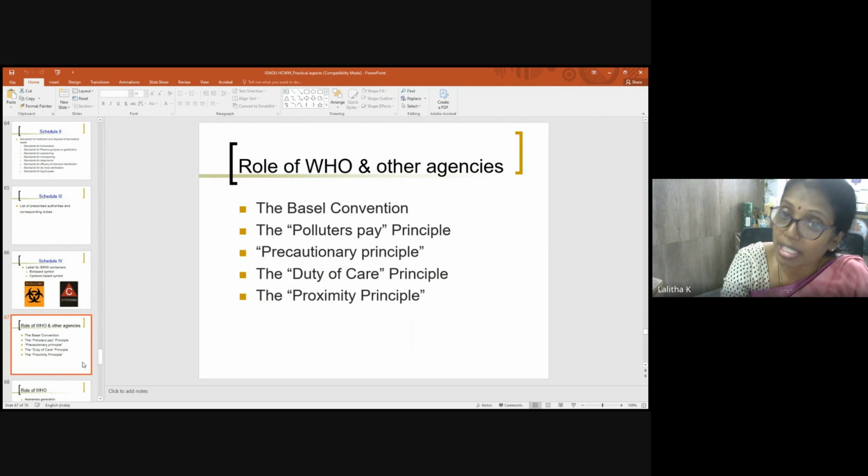Next, the polluter pays principle. As I told you, those who pollute the environment are bound to pay for that, and that is one of the simple bases to pay for the common treatment facility. Next is the precautionary principle. What is this? If you know some waste, you will take precautions.